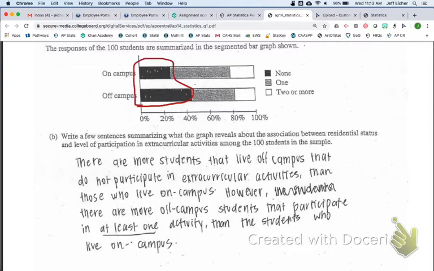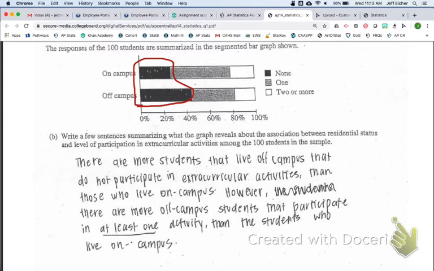However, there are more off-campus students that participate in at least one than students who live on campus.